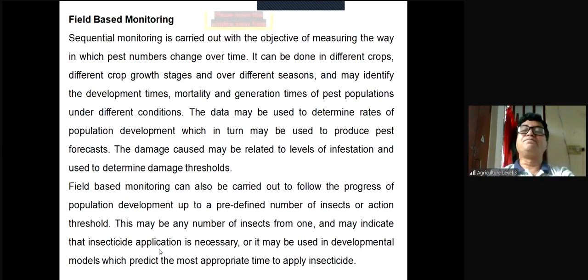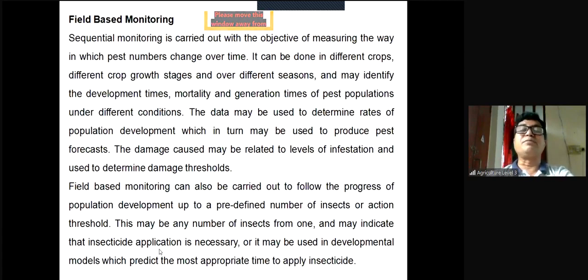It can be done in different crops for different growth stages and different seasons, and may identify the developmental times, so how long they need to develop. Mortality of the insects, generation of the insects, pest populations, we can also know, and the conditions which are related with the pest populations.